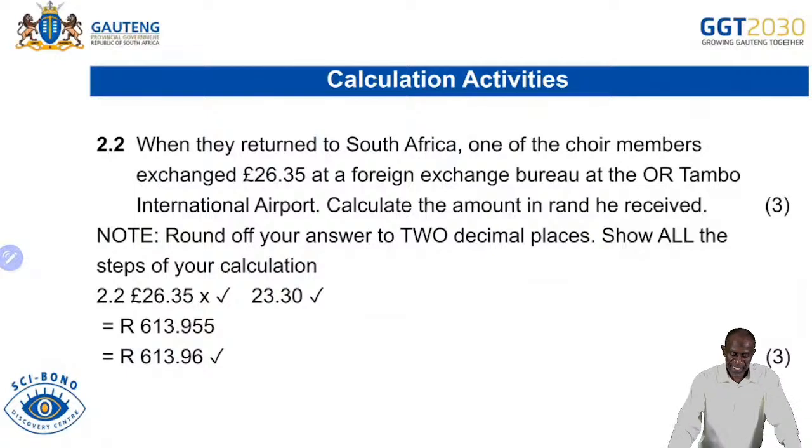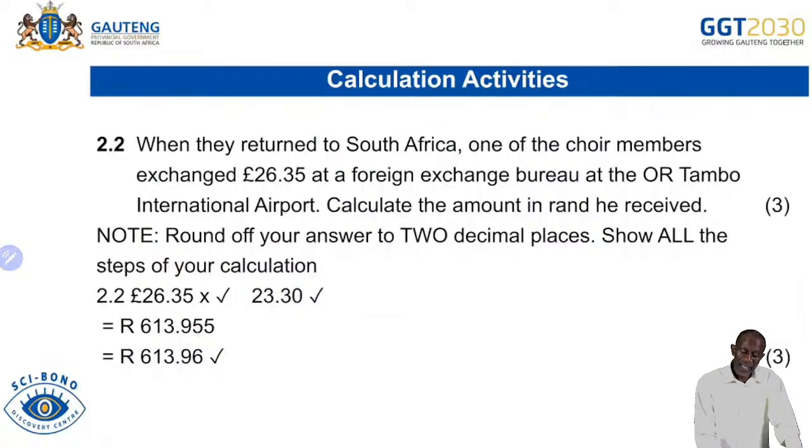Right, here's the calculation. In this case, the bank is going to buy foreign currency from him and they will use a rate of 23.30, which is the exchange rate. On the table, it is the bank buying rate. This is the rate that the bank uses to buy foreign currency.